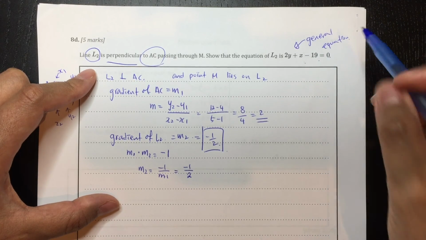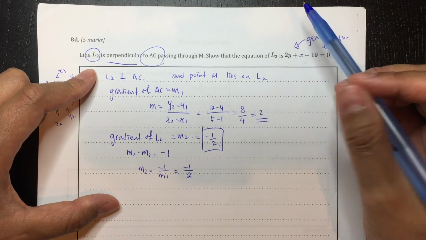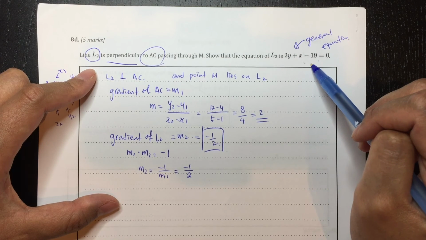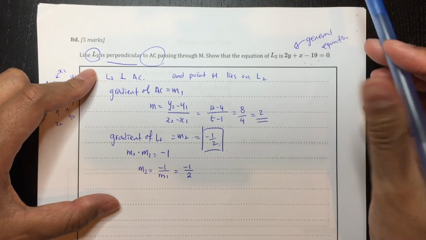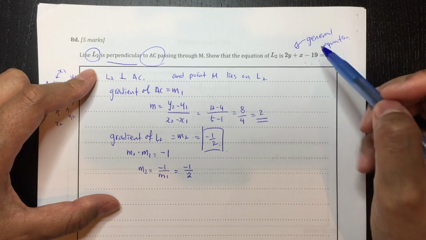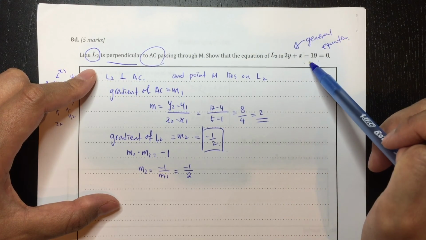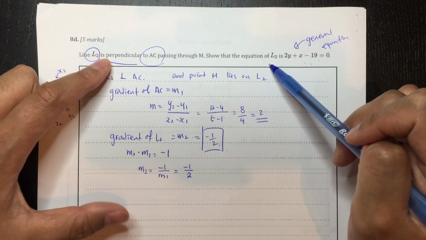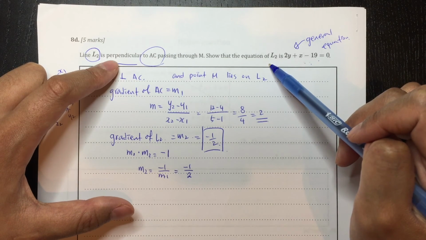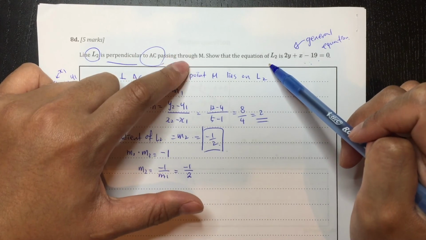To prove this is the equation of L2, the best way is to use these two pieces of information: the perpendicular concept and the point.